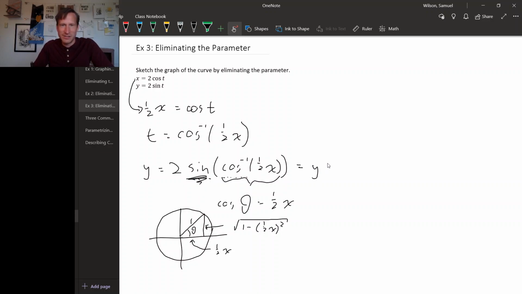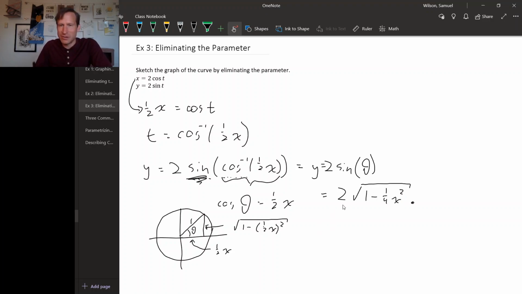So y is 2 times sine of theta, which, using the diagram, is 2 times the square root of 1 minus (1/2 x) all squared, which is 1 minus 1/4 x squared.